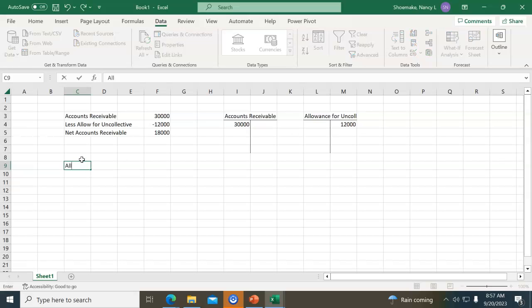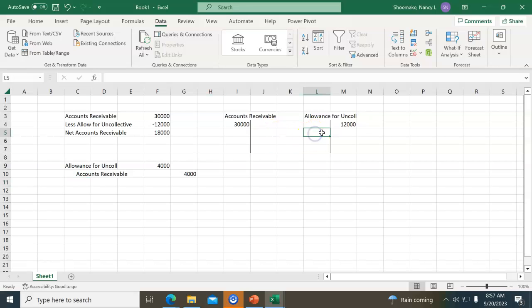Do you remember we debit allowance for uncollectible of 4 and we credit our accounts receivable for 4? Right? So that basically, we debit this for 4, we credit our receivable for 4. What does that make our new accounts receivable balance? $26,000. What does that make our new uncollectibles? 8.